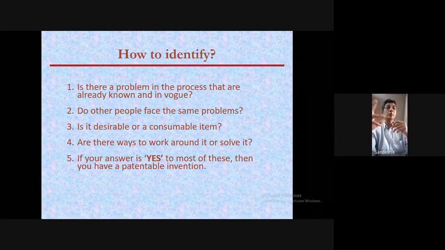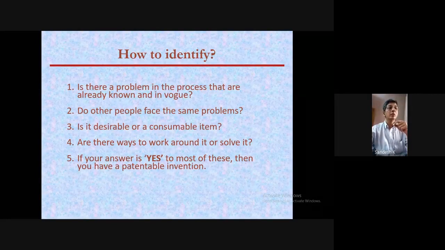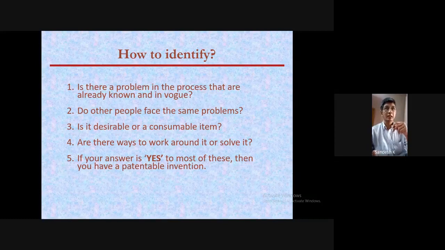So how do I know whether I should go for a patent, or why I should develop a product, or whether my product has this value or not? First, we have to identify the state of the art. Am I going to solve a problem, whether there is such a problem or whether the solution is already known. Sometimes it happens, we develop something and after that we realize that much more advanced things are already there in the market or somewhere else, somebody has already written.